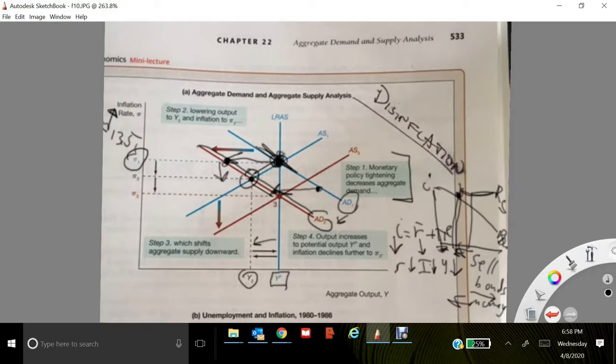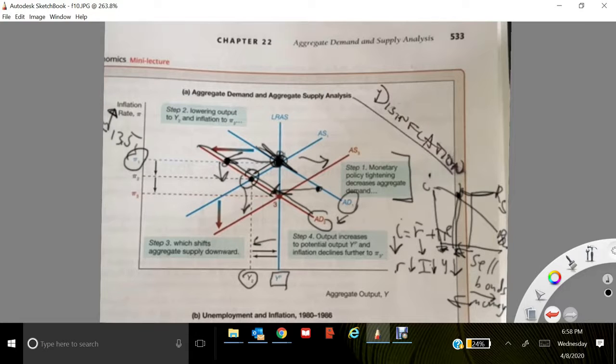As we saw before, that's going to cause our supply curve to shift down because we're below potential output.